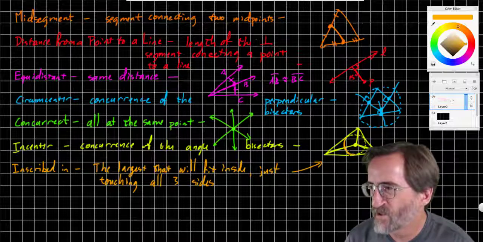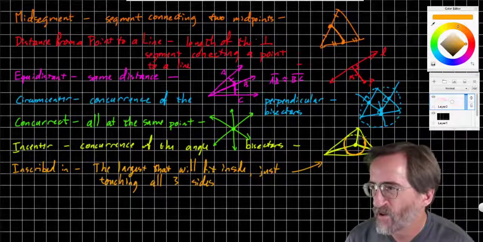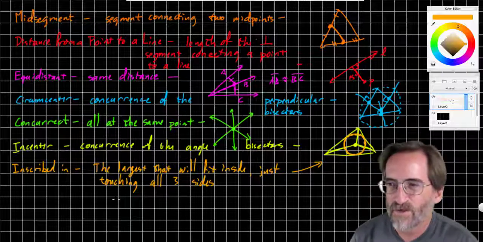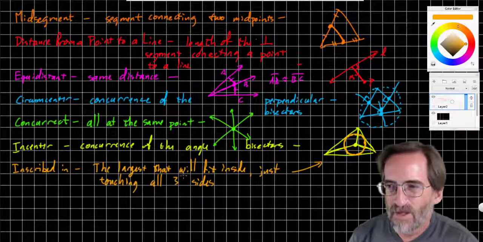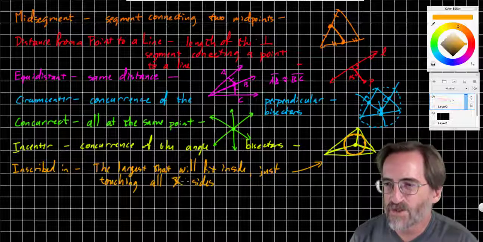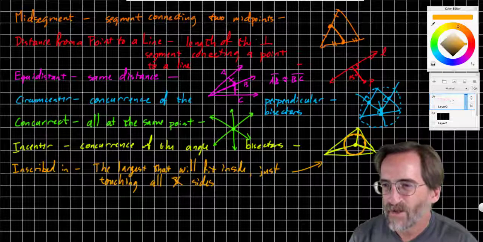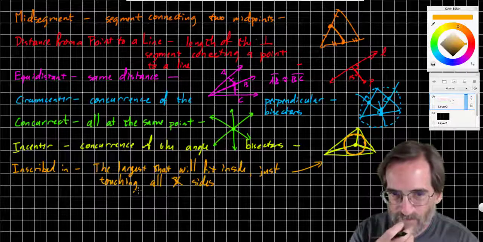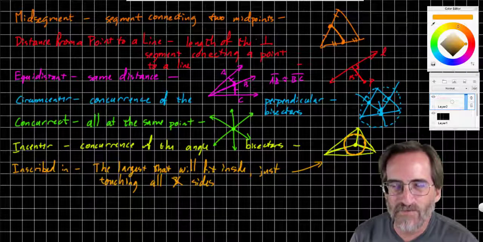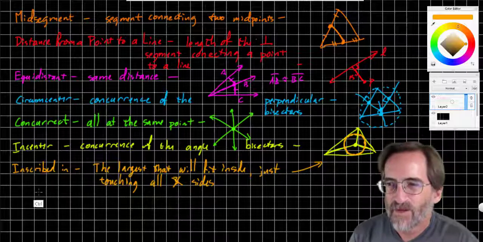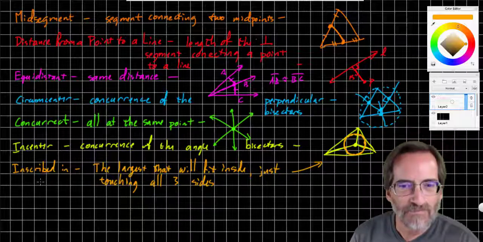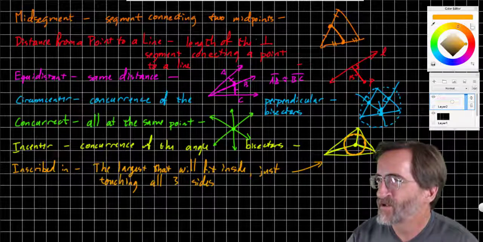This circle is inscribed in the triangle. It just touches all the edges, all three sides. Inscribed. It doesn't have to be three sides. You can talk about a shape inscribed in any shape, and it doesn't have to be a circle. But it's the biggest of that type that'll fit inside. It just touches all the sides. Inscribed in.